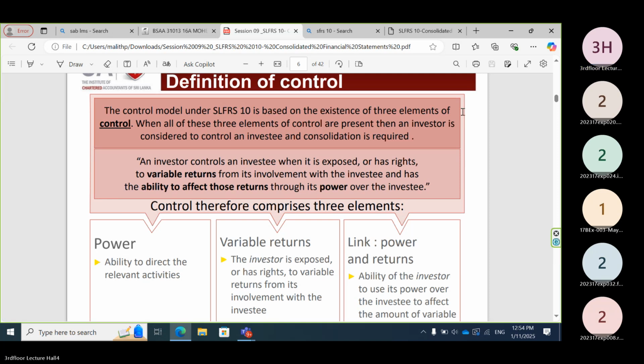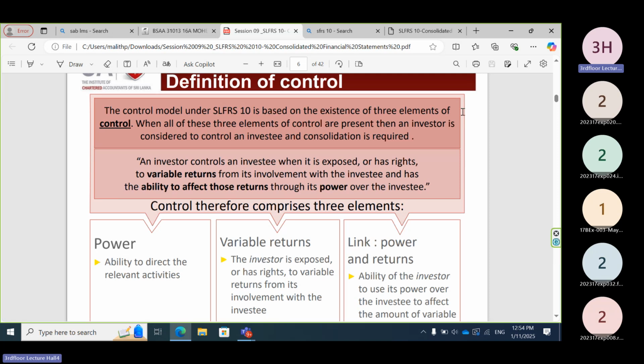How can you decide that? Controlling. What's the element we are focusing on? Controlling means directing, and we have different answers.